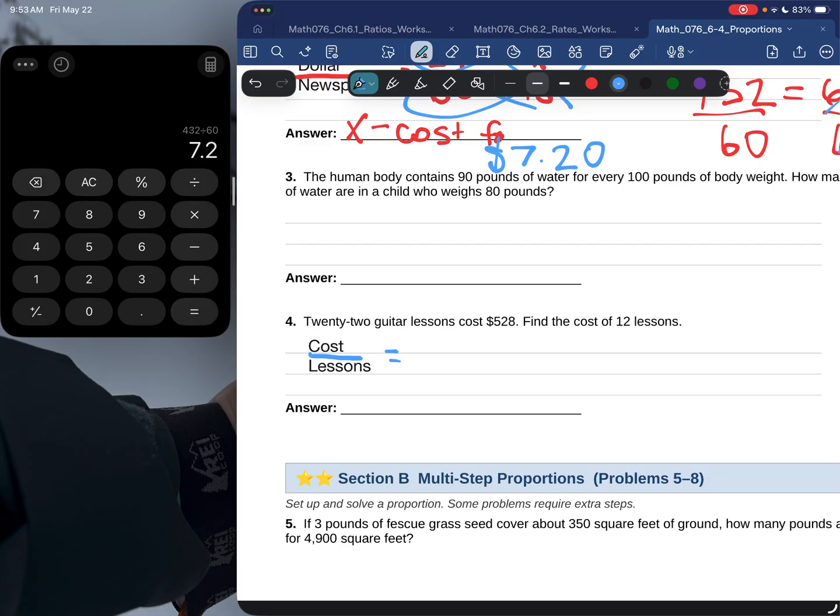My cost for 22 is $528, and that's for 22 lessons. And it says find the cost for 12 lessons. So 12 lessons, and I'm solving for x. I'm going to cross multiply.